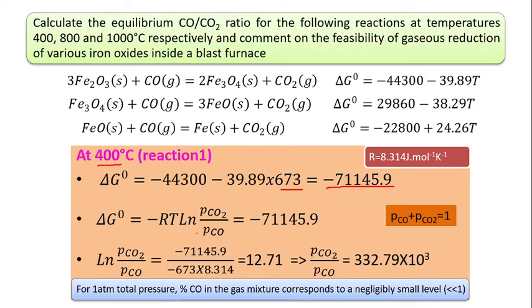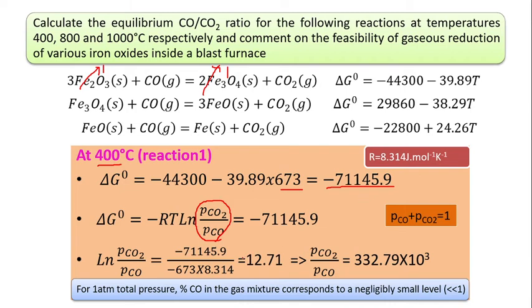We know that del G naught equals minus RT ln K. So what is K? K is the product over reactant. As the solids are condensed phases, their activity is taken to be 1. So the K value will be the partial pressure of CO2 over the partial pressure of CO. That will be equal to the del G naught expression.